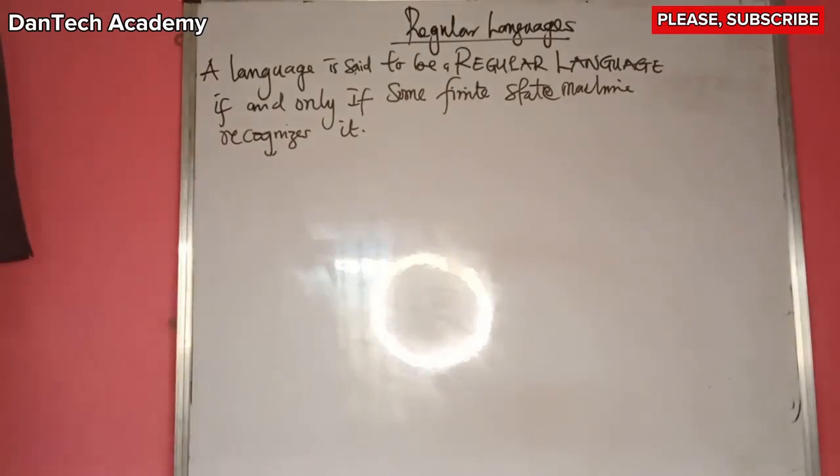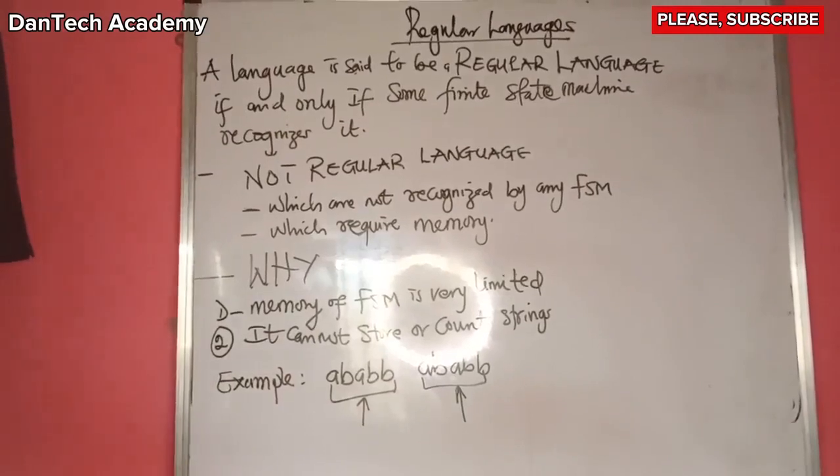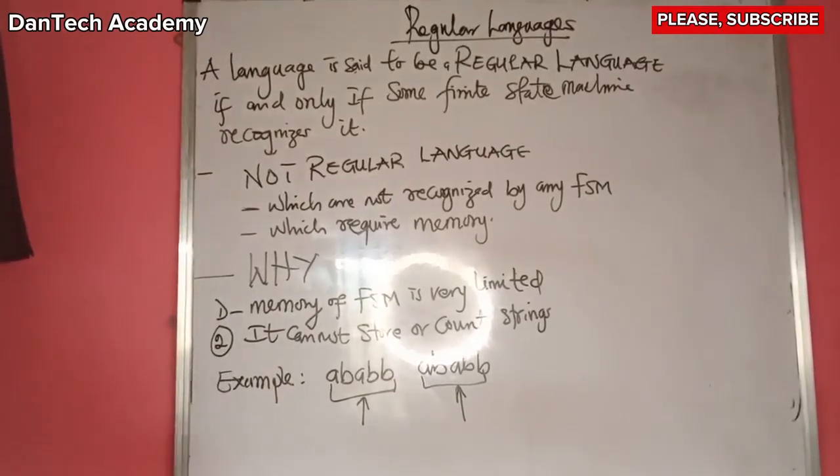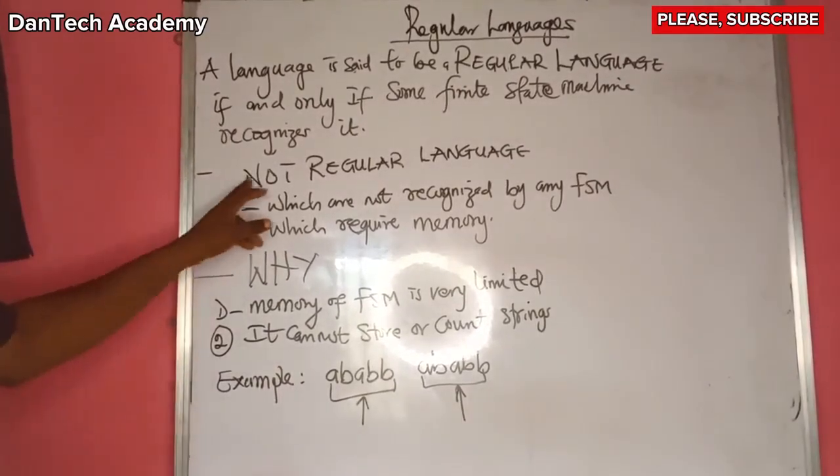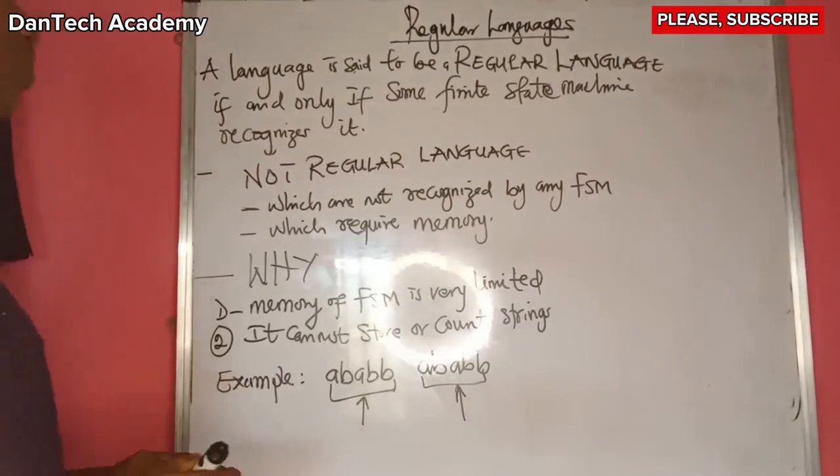So a language is said to be regular if and only if some finite state machine recognizes it. Now, look at what is not a regular language.